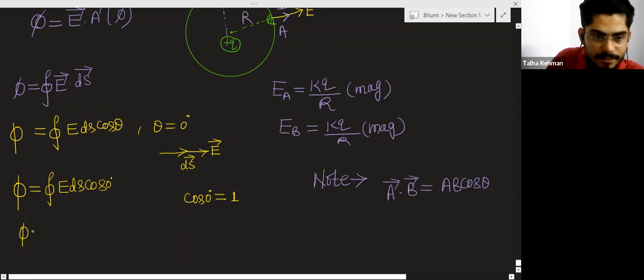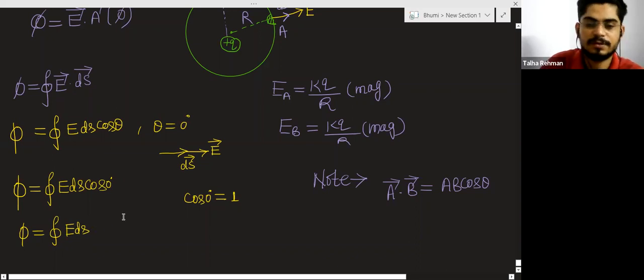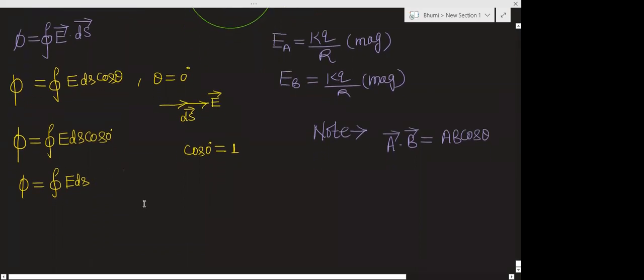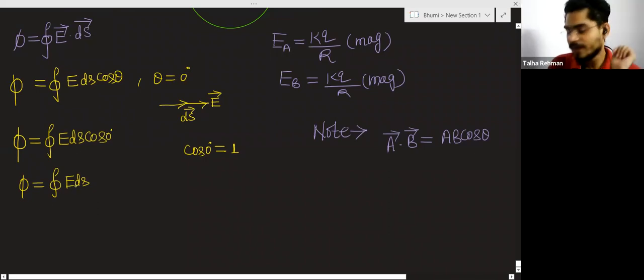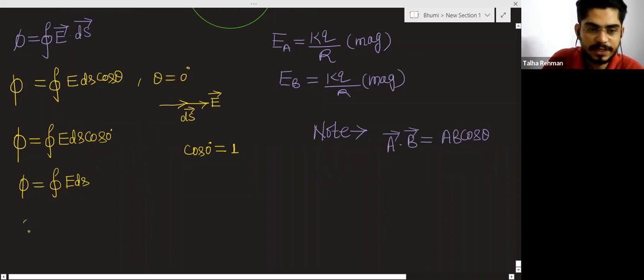So we have E ds only. Cos 0 is 1, so multiplying by 1 keeps this the same. Also, one more thing: if something is constant, you can take it out of the integration.